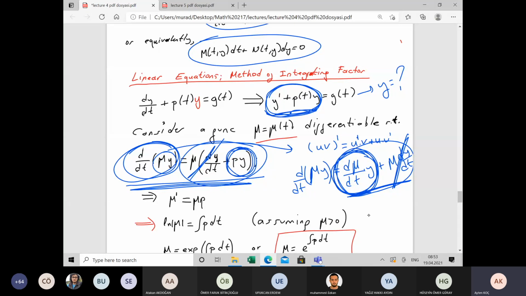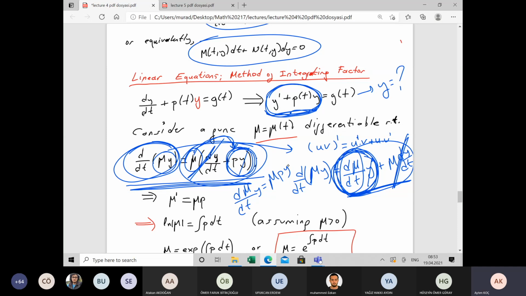Ignore this one, but be careful: mu times this one should be, and d mu over dt should be mu p y. And so mu prime should be mu p.